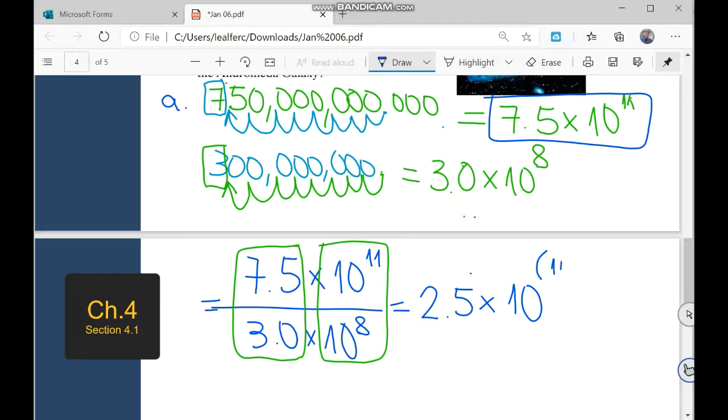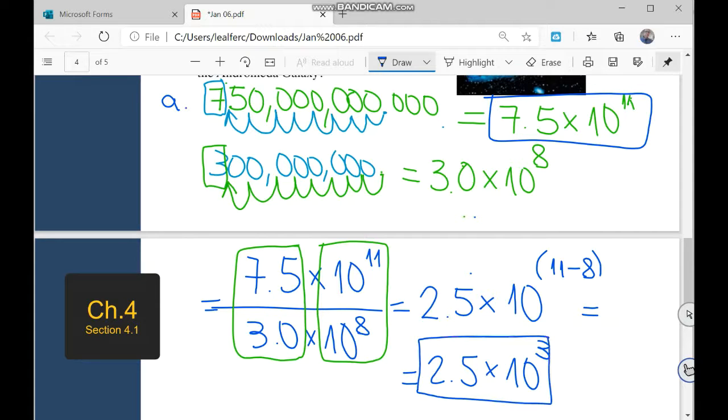We subtract the exponents. So this equals 2.5 times 10 exponent 11 minus 8, which is 3. That's it. This is how we will apply scientific notation.